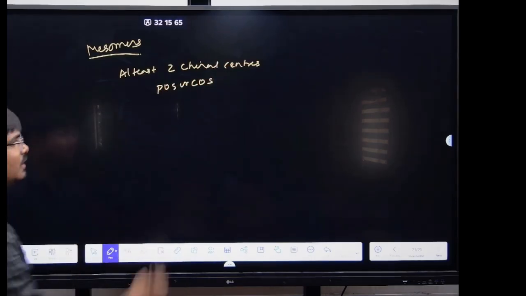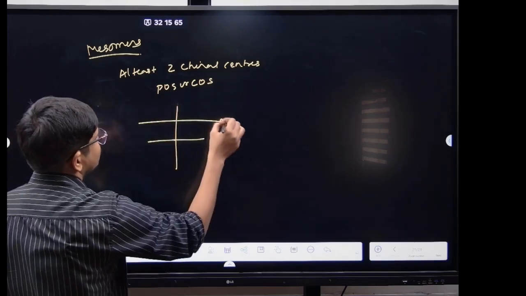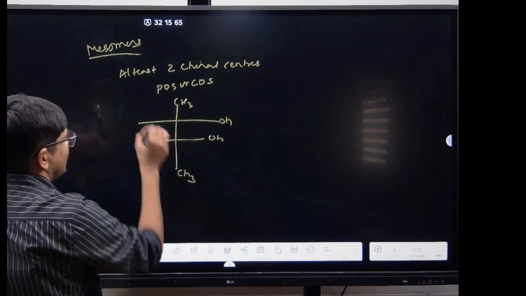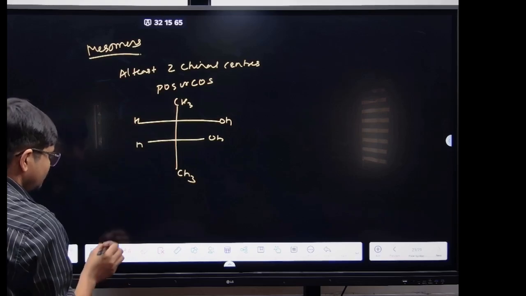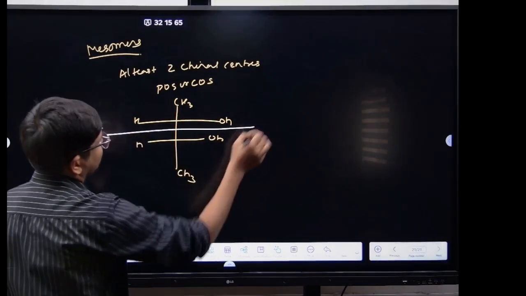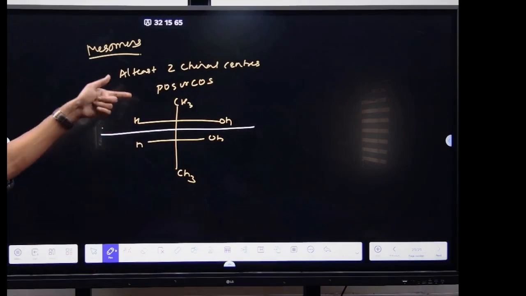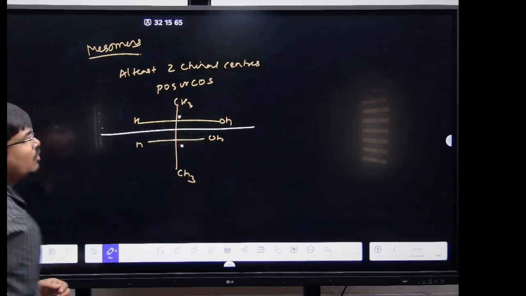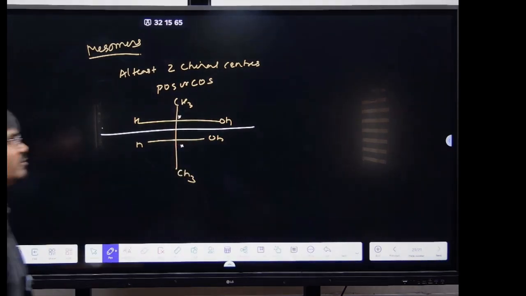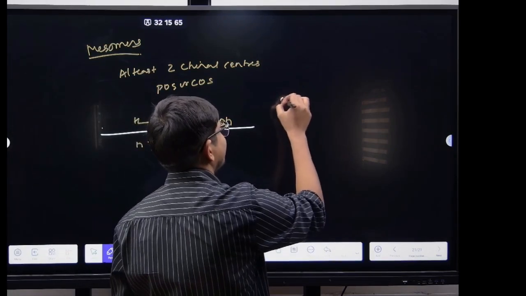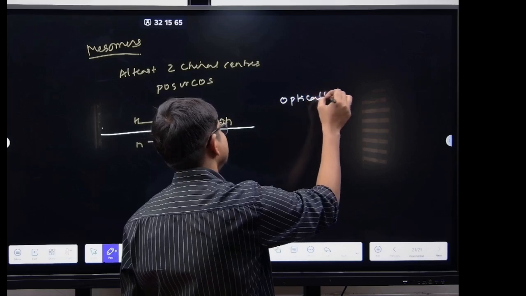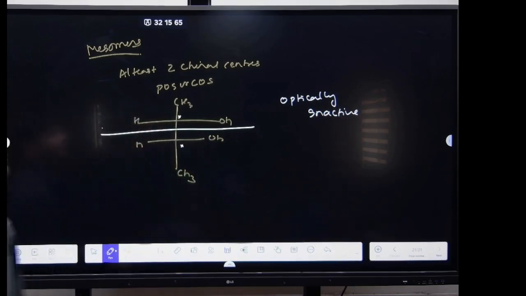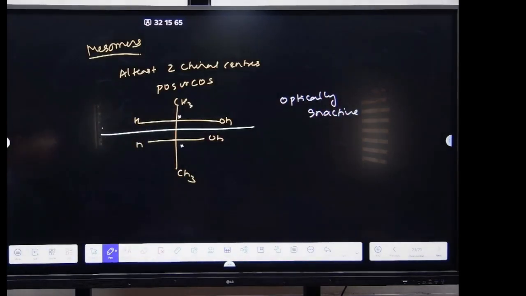For example, see here, if you look at this compound, OH, CH3 and CH3, and the hydrogen and the hydrogen, right? See here, you have a plane of symmetry, although at least two chiral centers are present. So this is a meso compound. Got it? So a meso compound overall is optically inactive. This is known as mesomers.